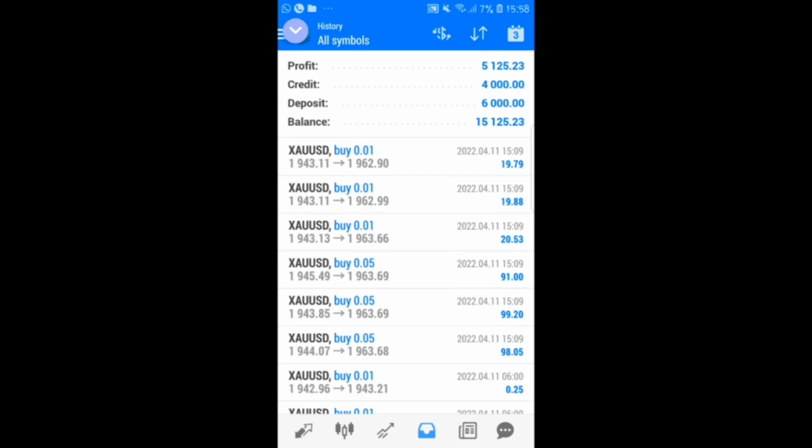I mean, not 2 months, we are heading to 3 weeks thereabout. So you can see the deposit here. Then they gave me a bonus of 4,000. Then you can see that I'm actually almost doubling this account. Maybe by the end of this week, this profit will be 6,000. Then once I hit the 6,000 threshold, which is my initial deposit, I want to withdraw my capital so that now I can remain with the profit. Then I can be able to compound it.